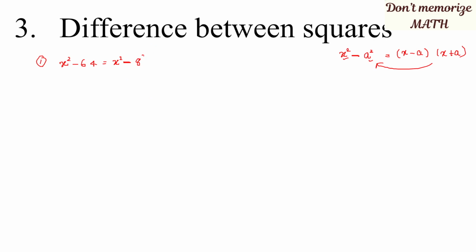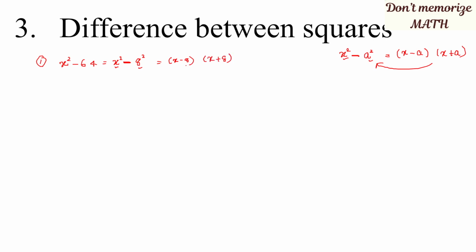Now this became difference between squares. Both the left and right side of the subtraction are squares, so you can factorize it. Just take x and 8, subtract them, x minus 8, then add them, x plus 8.